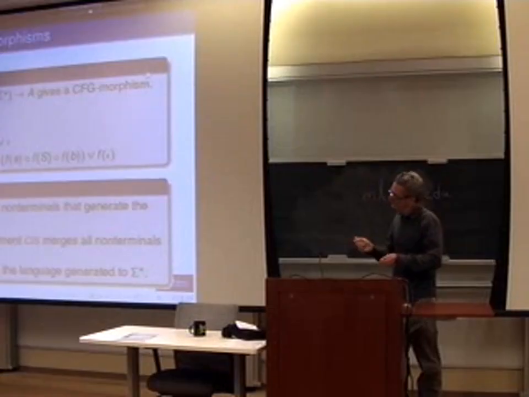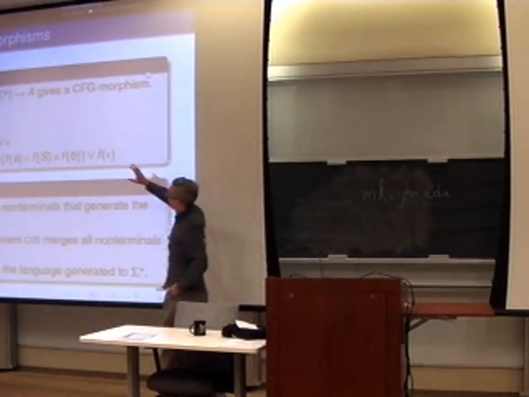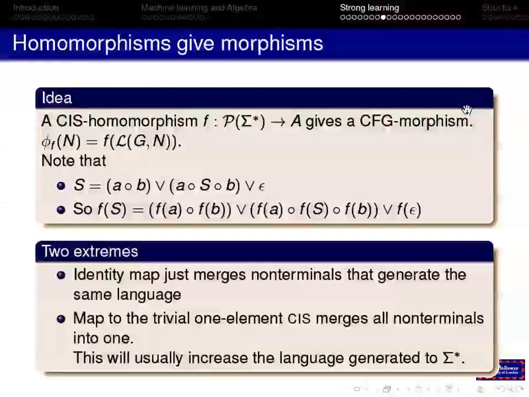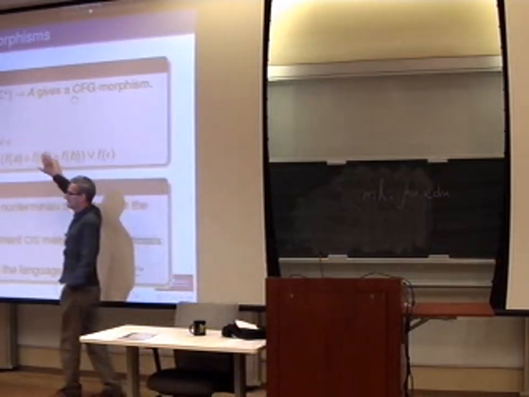Now, this is where the payoff comes for all these definitions: a homomorphism of these semi-rings gives you a morphism of the grammar. We can take any homomorphism from our free semi-ring into anything else. If it's a homomorphism, then we're going to get a very nice CFG morphism, and the reason is the equational semantics.